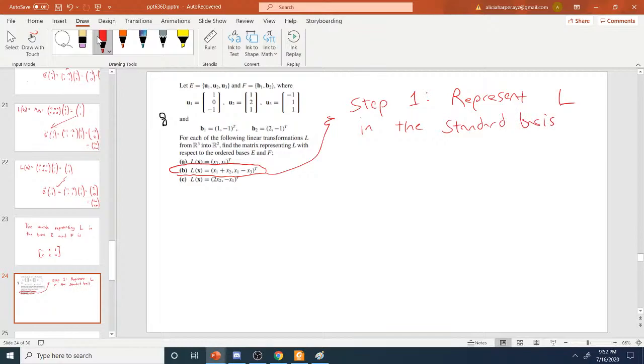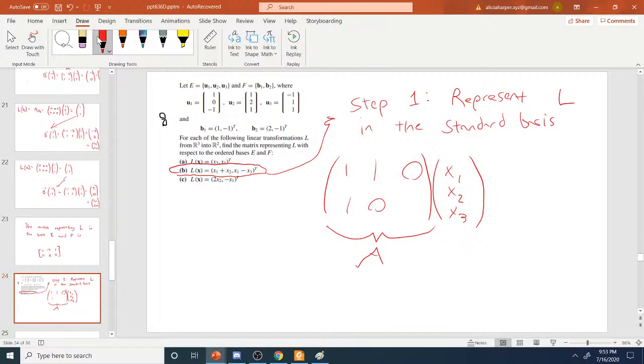If I do that, I'm going to get a matrix A. The first entry is x1 plus x2, which means I'm going to have a 1 here and a 1 here, a 0 here. For the second row, I'm getting x1 minus x3, so I'm going to have a 1 here, a 0 here, and a negative 1 here. So this completes step 1 of the problem.